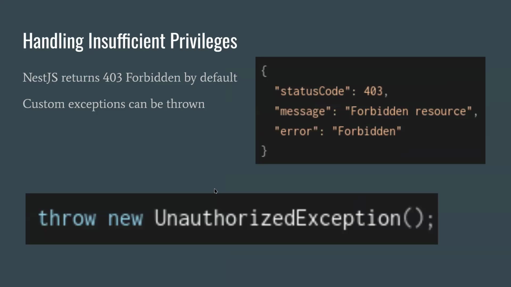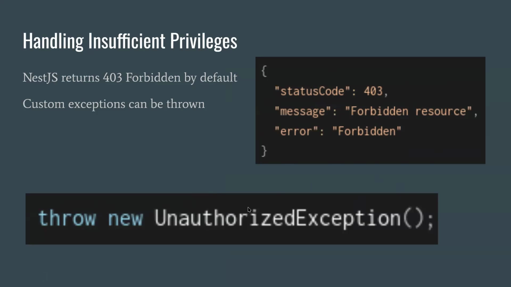Handling insufficient privilege. When a user with insufficient privileges makes a request, NestJS automatically returns a 403 Forbidden response. So this is what the response looked like. And if you want to customize the error response, you can throw specific exceptions within your guard.